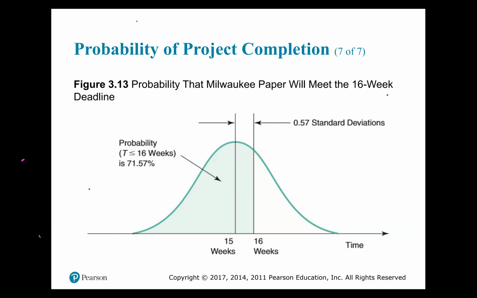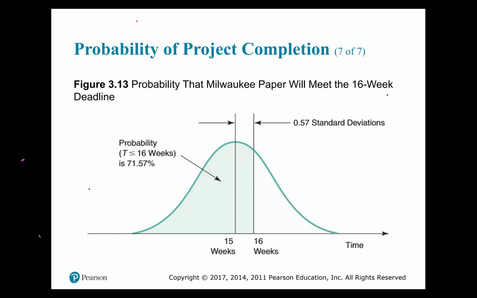Now to do that, we're going to have to calculate the standard deviation of the project, because we're going to have to find what we call the Z values to enable us to find the area under the curve of being able to complete the project by week 16 or the requested week.